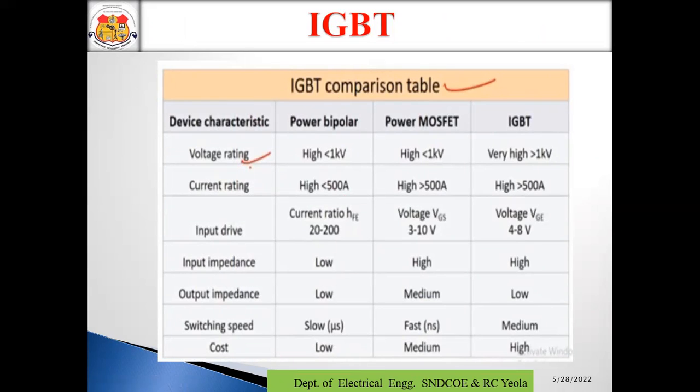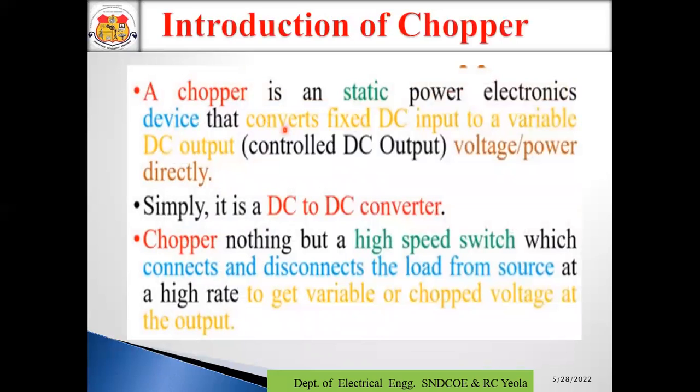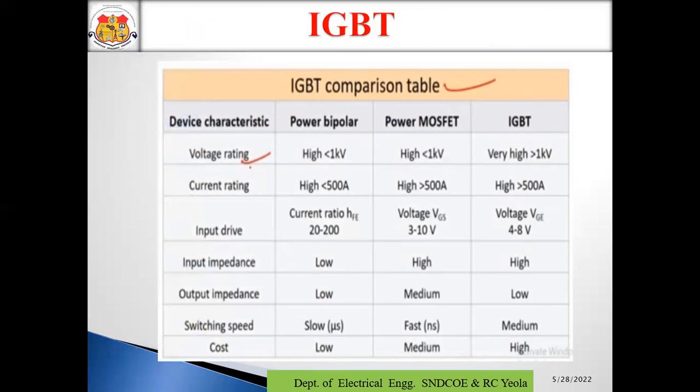The current rating is up to 500 ampere. Input voltage is from 4 to 8 volt. Input impedance is very high, output impedance is low. Switching speed is medium compared to MOSFET and bipolar. Cost is high. So according to that, the IGBT is the best combination of the MOSFET and BJT.